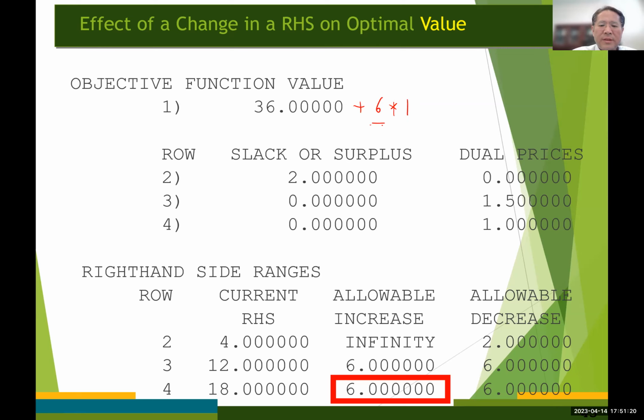So that's the increment times 1, right? That's going to be from the dual price. As a result, the objective function value becomes 42.